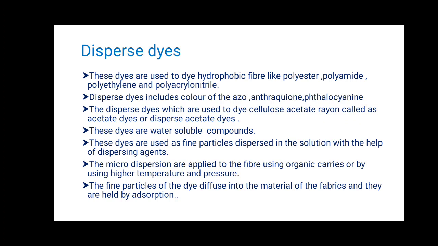Those are man-made fibers. Disperse dyes include colors of azo, anthraquinone and phthalocyanine. The disperse dyes which are used to dye cellulose acetate rayon are called acetate dyes or disperse acetate dyes.